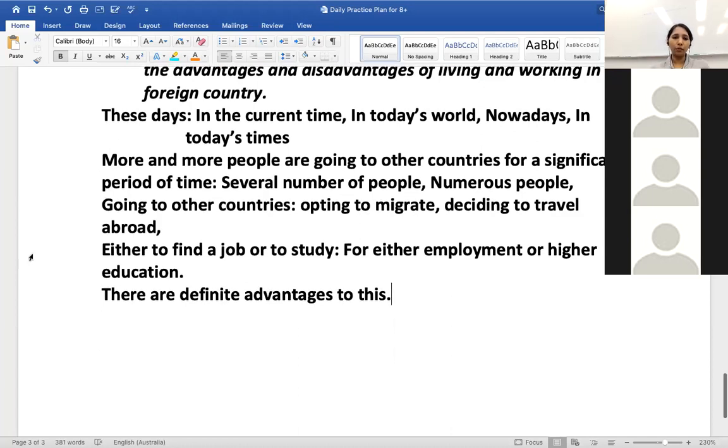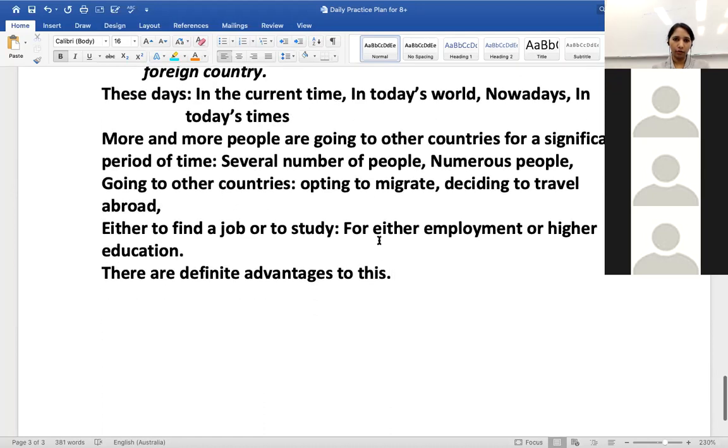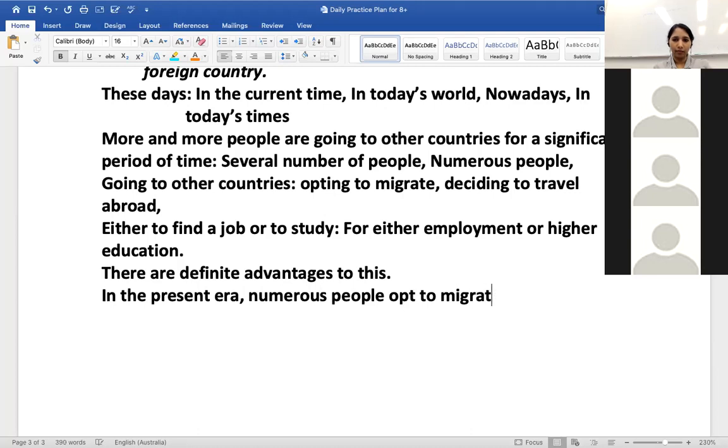Is this clear? So how do you put it all together? This is a khichdi, right? How do you put it all together? You would say, in today's world, or in today's era, or in the present era, numerous people opt to migrate abroad to pursue higher education or employment.